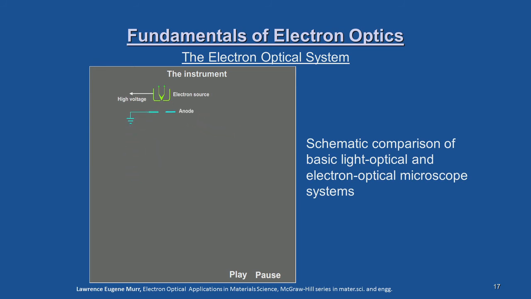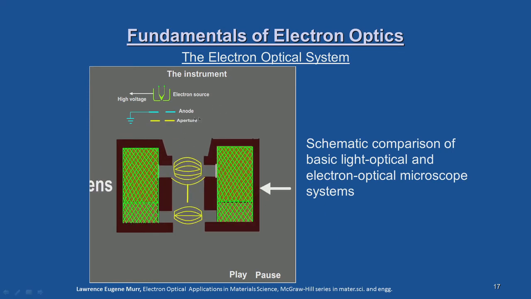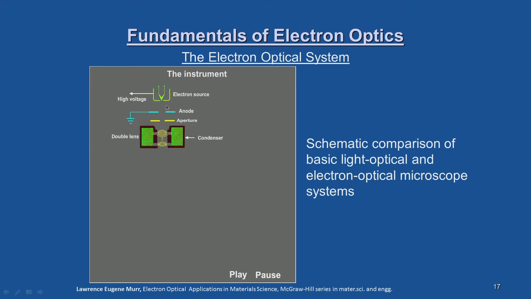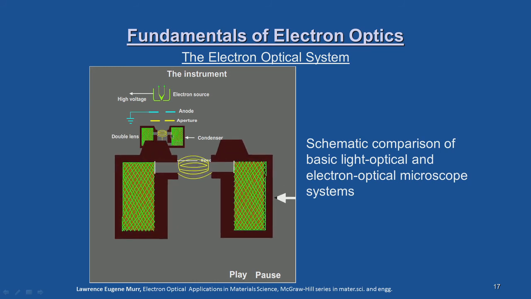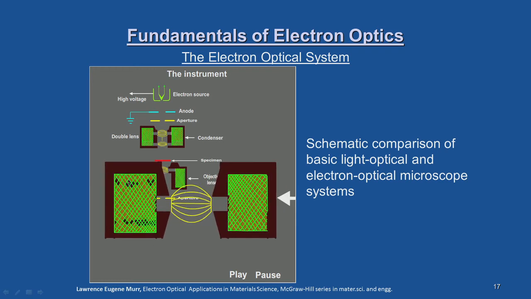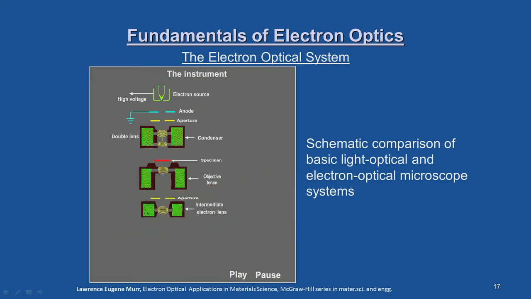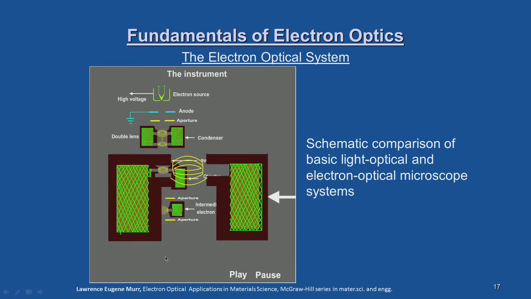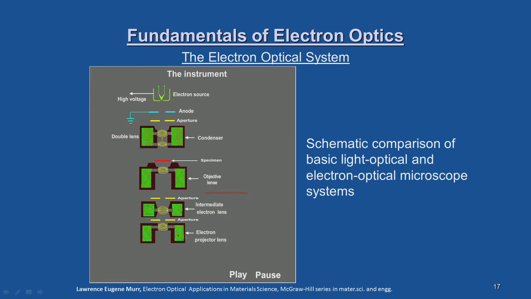Now, we will also look at another schematic where the animation shows the electron optical system, where you have the electron source, usually a filament, and then you have the condenser lens, and then you have the specimen, and you have the objective lens, and then some additional intermediate lenses, and then projector lenses, and finally the image.